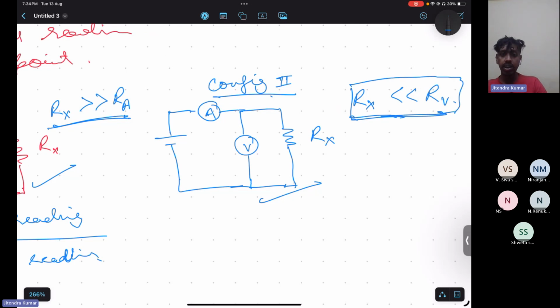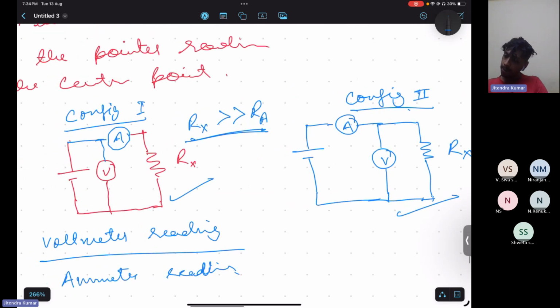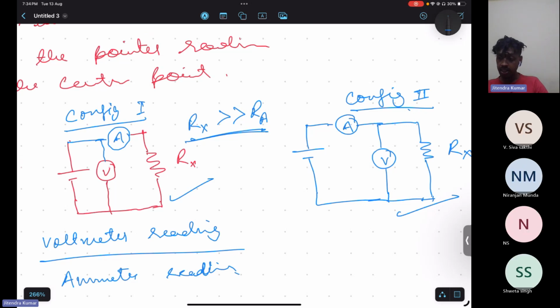Why? The reason is that if you measure Rx, that will be the ammeter current and the voltmeter voltage. But this current is the same as the ammeter current, isn't it? But the voltage is not the same as the voltage across Rx.